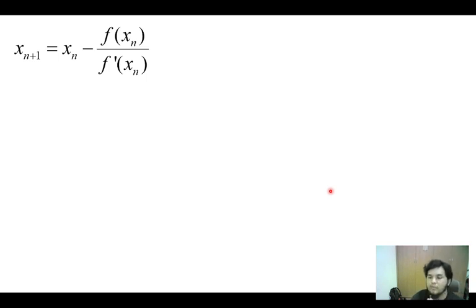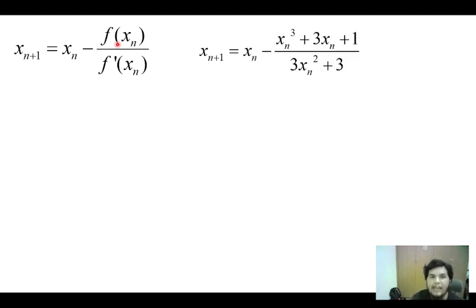From the formula, we need to replace f of x with the function used as well as f prime x. So I have replaced f of x and f prime x with what we are given and calculated for f prime, and then to find x1, which means our n is 0.